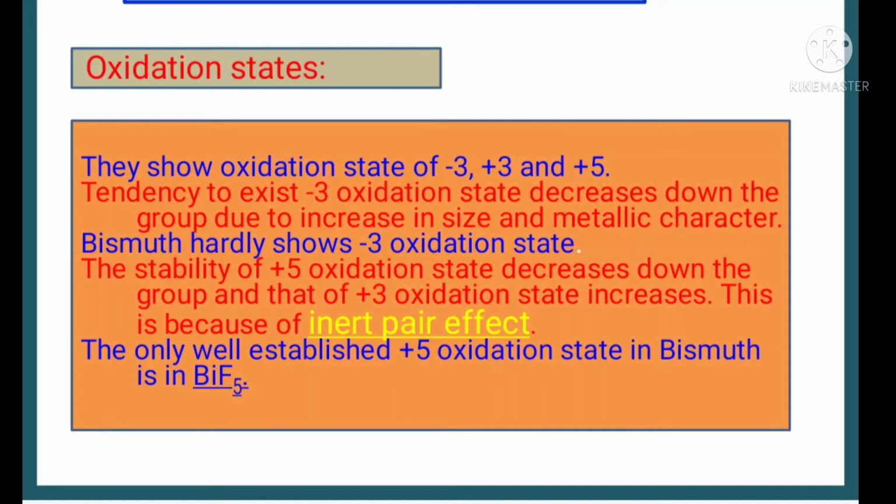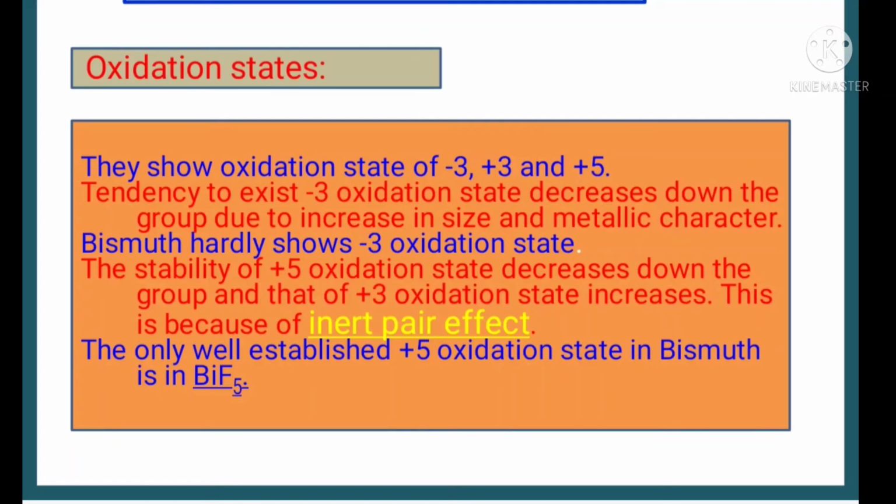The ability to form the +3 state increases down the group due to the inert pair effect, and that for the +5 state decreases. That is, the stability of the +5 oxidation state decreases down the group, and that of the +3 oxidation state increases down the group. This is because of the inert pair effect.